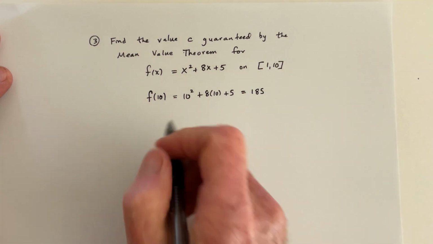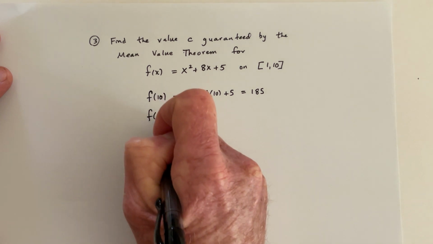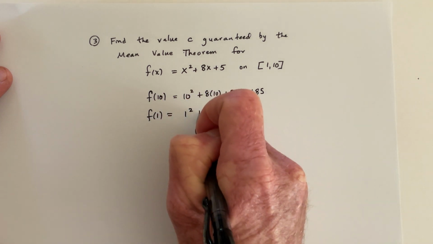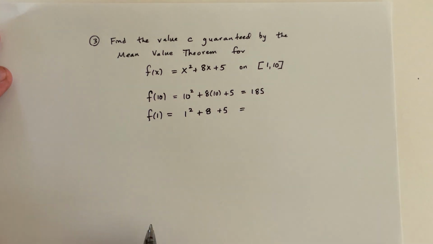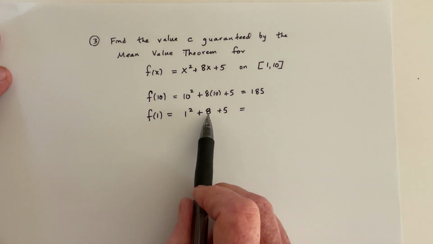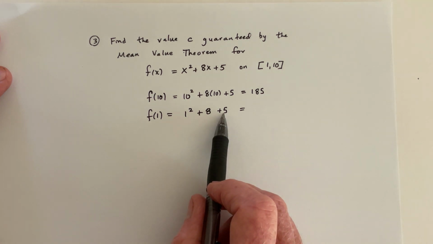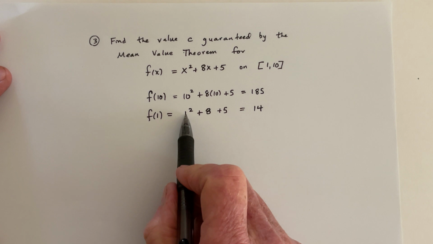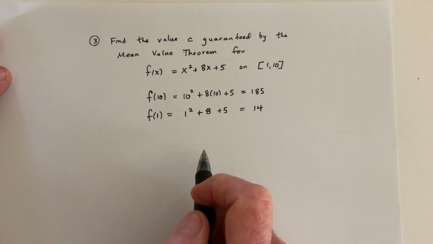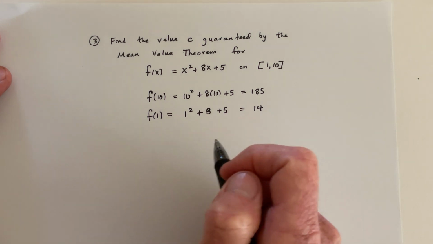Now substitute the 1 into the function. So 1 squared plus 8 plus 5. So this would be 9 plus 5, that's 14. Right? 8, 9 with 5 is 14. And then you find the slope.